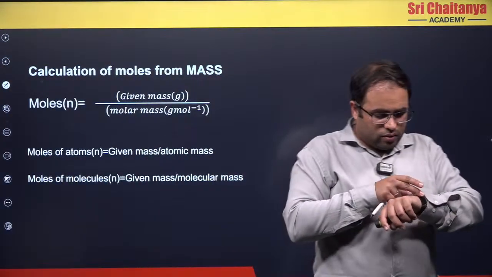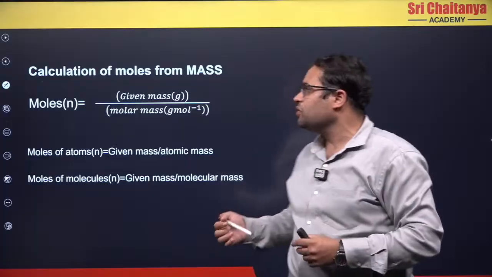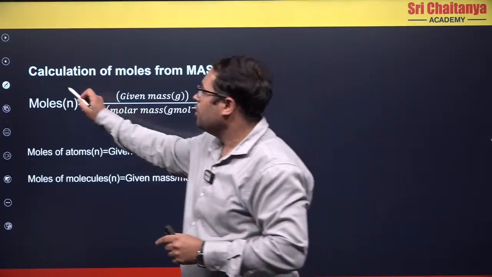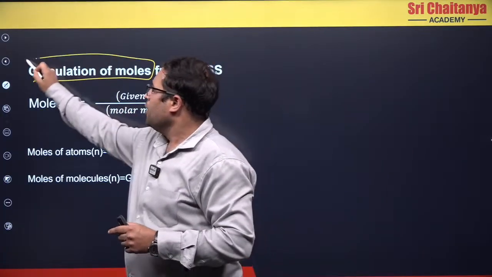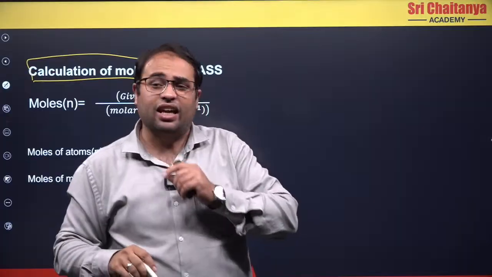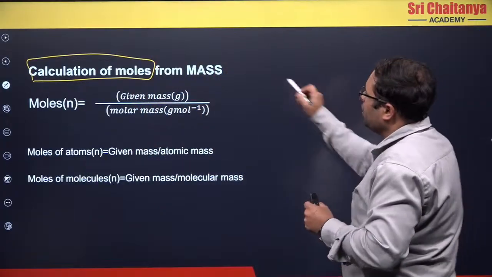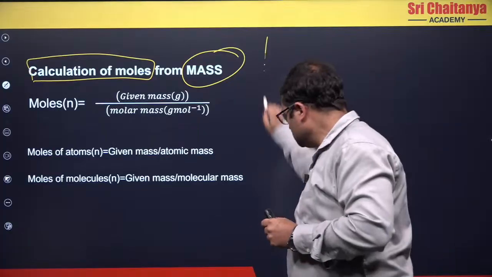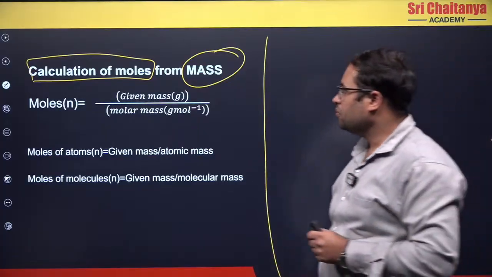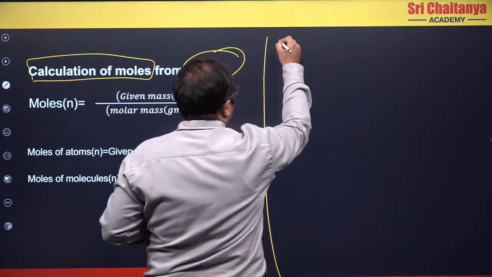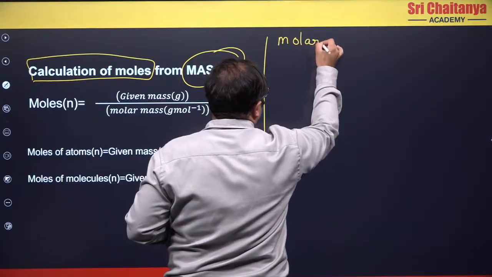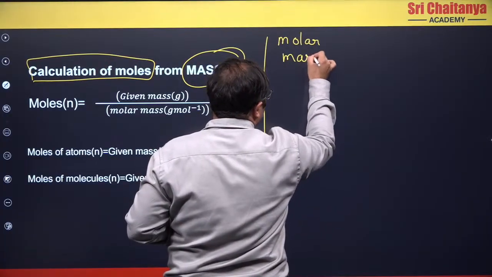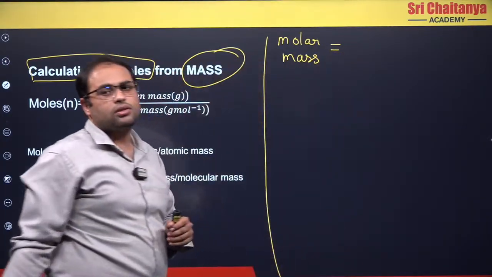Now in the next few sessions we will learn calculation of moles from various things that are given to you. First is mass. So let us recall what is molar mass.